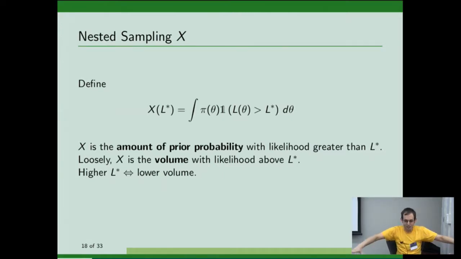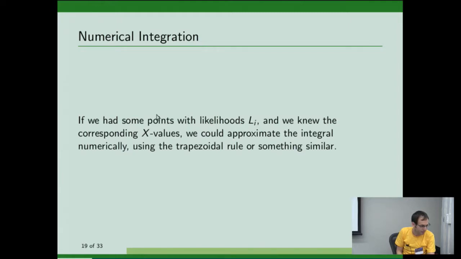So for low likelihoods, we have high volumes that have likelihood above. And as we find regions of higher likelihood, the fraction of the space that has likelihood above that gets smaller and smaller. So we have high volume regions with low likelihood and low volume regions with high likelihood. And the x is prior volume. Okay.